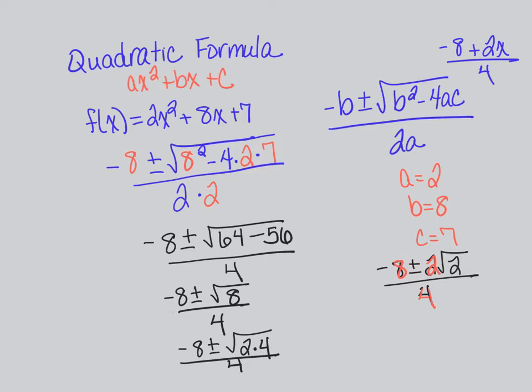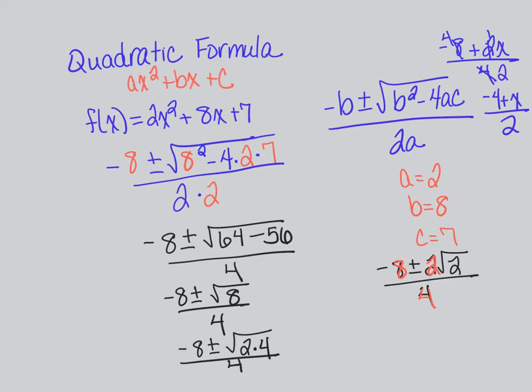The -8 and the 4 cancel or simplify, but the 2 and the 4 I still have to keep as 1/2. Okay? Now I could change this to a 2, this to a 4, and this to a 1. I could do that and have -4 plus x over 2.